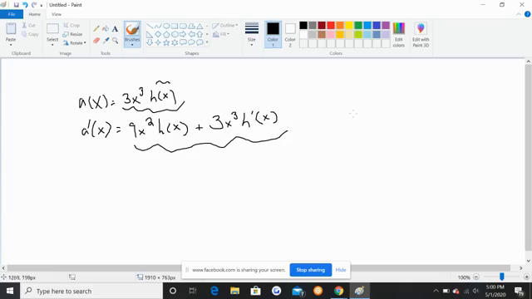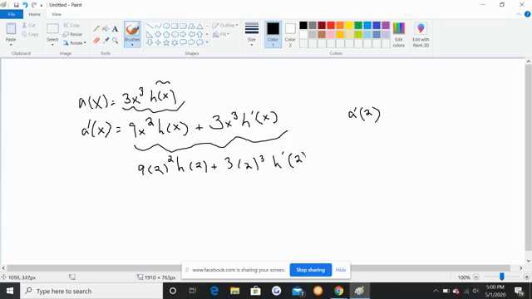But it wants us to find a prime of 2, right? And so this means we're going to plug in 2 for our values here. So 9 times 2 squared times h of 2, plus 3 times 2 to the third power times h prime of 2.